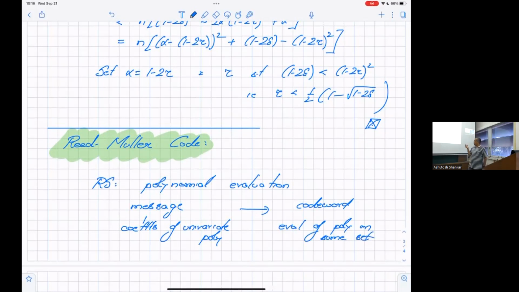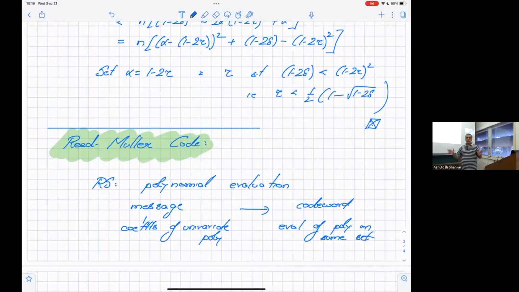Now, what prevents us from just working with univariate? We can talk of the same notion with multivariate polynomials. That is, the message you view as the coefficients of a multivariate polynomial, and the code word is just the evaluation of this multivariate polynomial on all points in the space.